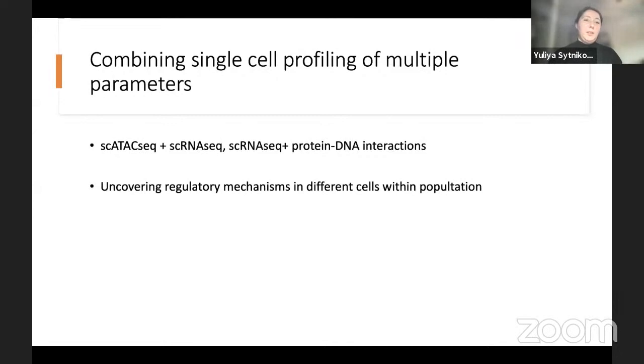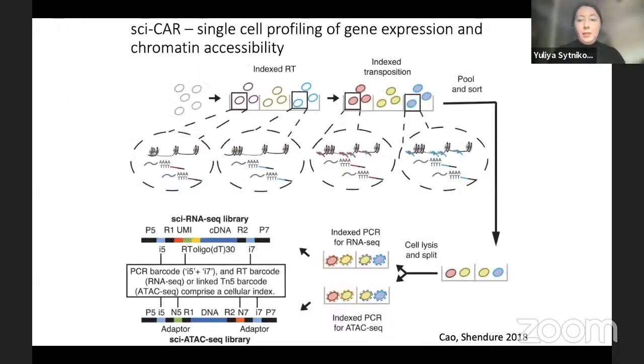Because this allows to understand actually which mechanisms underlie different gene expression changes in different cells. The arrival of these methods is based on progress in single cell profiling, like methods such as SPLiT-seq, and basically they came in the last 3-4 years, not earlier.